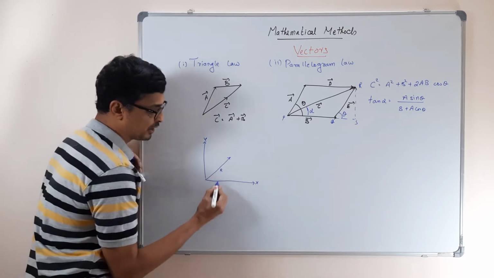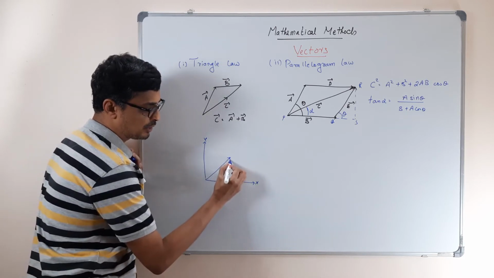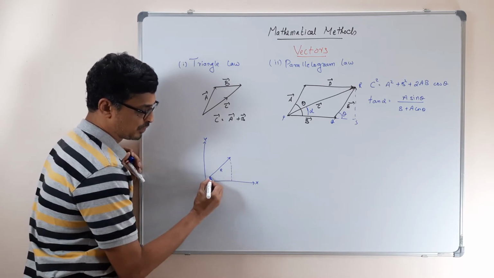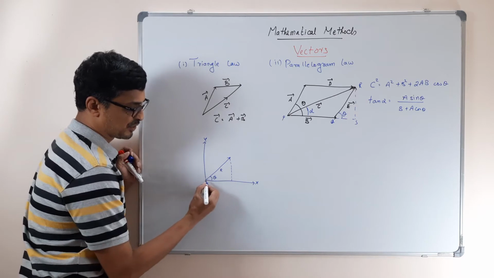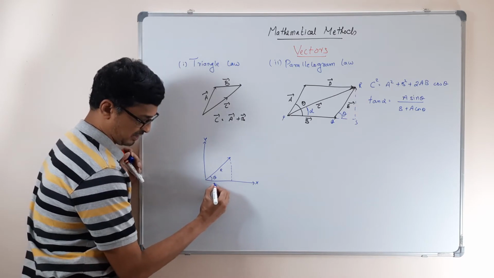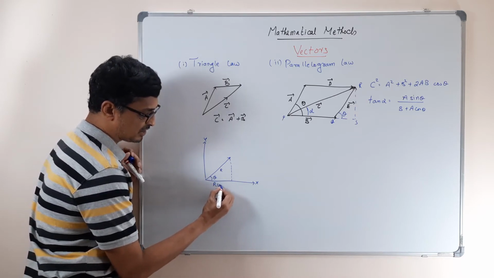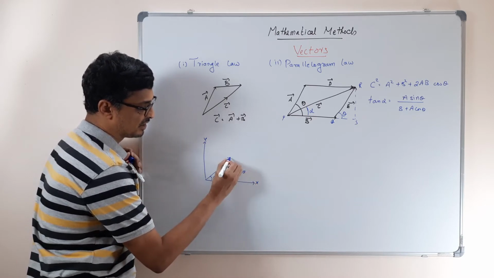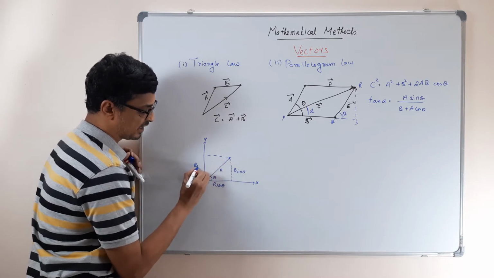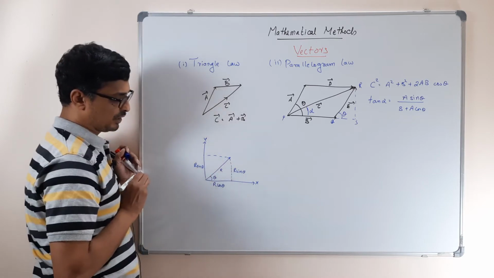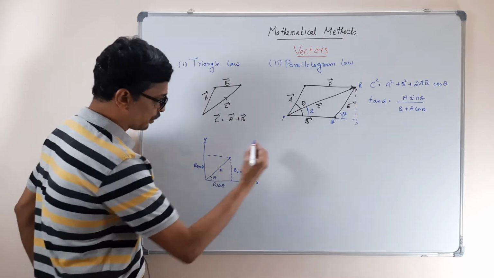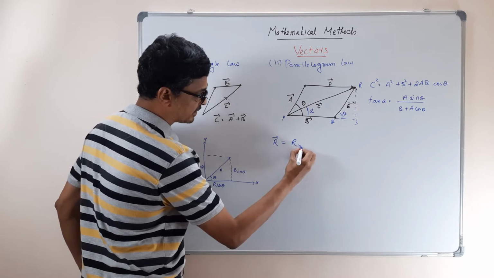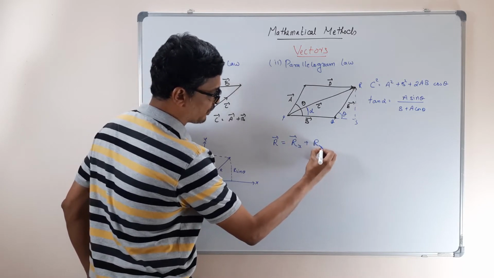Can you tell me what will be the x component? Suppose this angle is theta, so this will be r cos theta, and this will be r sin theta, correct? Therefore your r vector, you are resolving into rx plus ry.